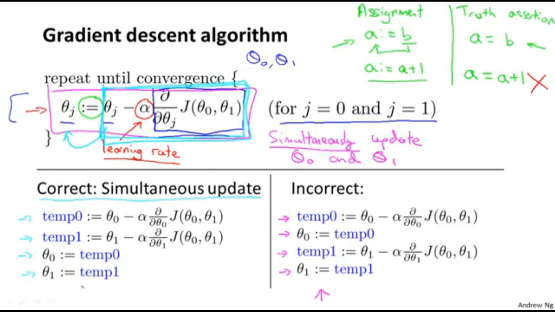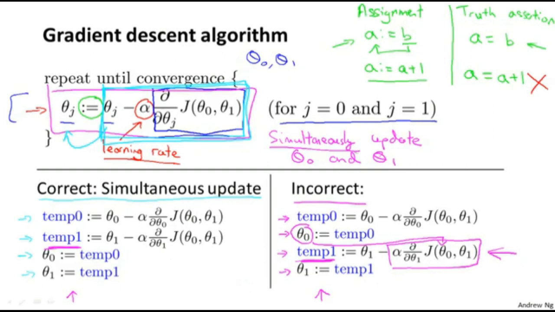And the difference between the right-hand side and the left-hand side implementations is that if you look down here, you look at this step, if by this time you've already updated theta 0, then you would be using the new value of theta 0 to compute this derivative term. And so this gives you a different value of temp 1 than the left-hand side, right? Because you've now plugged in the new value of theta 0 into this equation. And so this on the right-hand side is not a correct implementation of gradient descent.